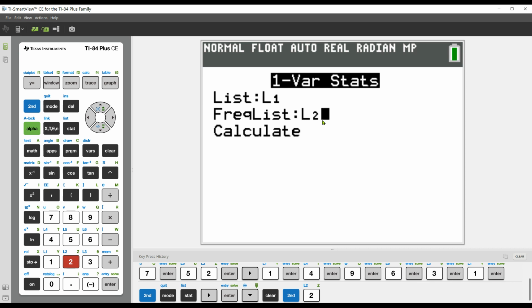But if you have a frequency list, you have to tell the calculator you have a frequency list. Because if you forget this, it's still going to give you an answer. It's just going to calculate using your midpoints only. So make sure if you have something in L2, you tell the calculator to pull my L1 and my L2. Okay, so we're going to hit Calculate.